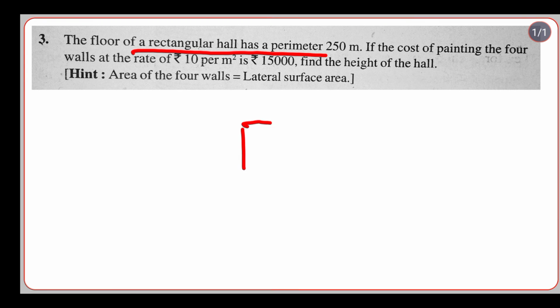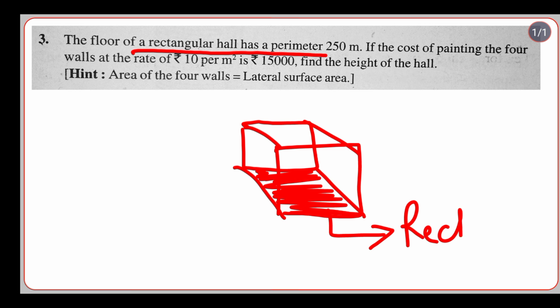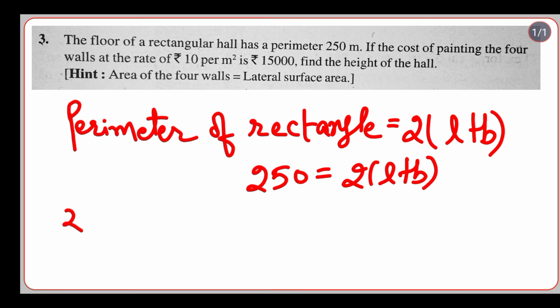If I draw a rectangular hall and concentrate only on the floor of it, we can easily recognize that the shape of the floor is a rectangle. So we can use the perimeter of a rectangle, which is twice of length plus b. So I can create the equation 250 is equal to 2 times (L plus b).